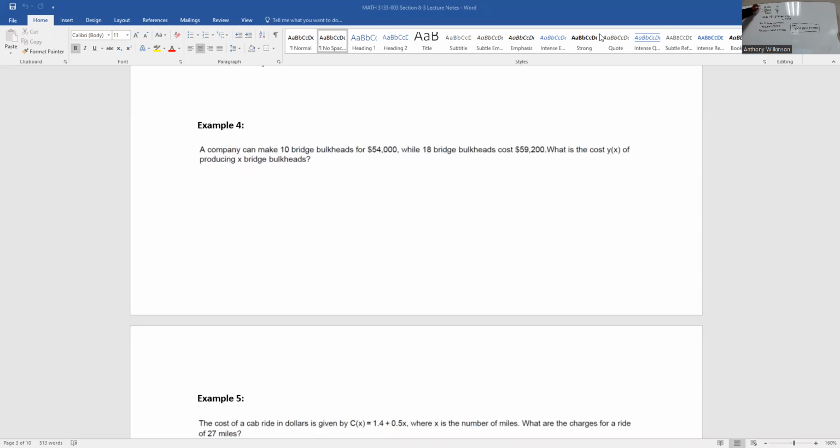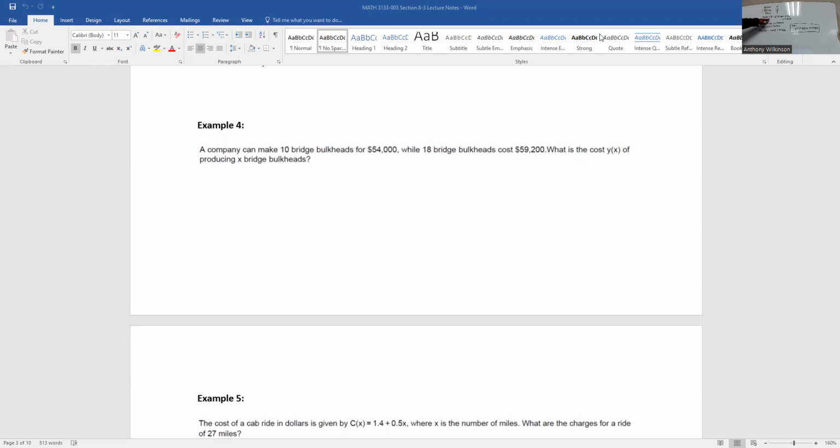Pretty much I started off by doing this. I subtracted 54,000, which was the cost for making 10 bridge bulkheads, from the $59,200, which was the cost of making 18 bridge bulkheads. That difference was $5,200. And then I subtracted 10 from 18. 18 minus 10 is 8.